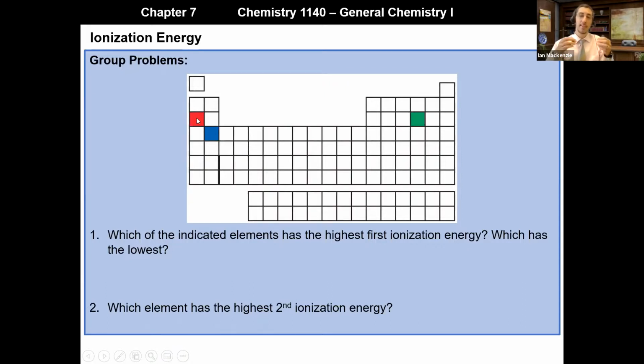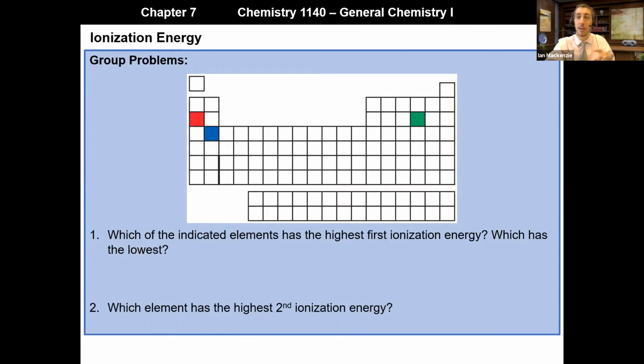So if I talk about the second ionization energy, first I remove 1 valence electron, then I remove the next electron. Well, red only has 1 valence electron, which means that the second ionization is removing a core electron. For blue, it has 2 valence electrons, so both ionizations are removing valence electrons, and for green, both ionizations are removing valence electrons.